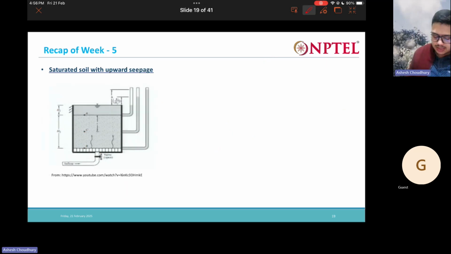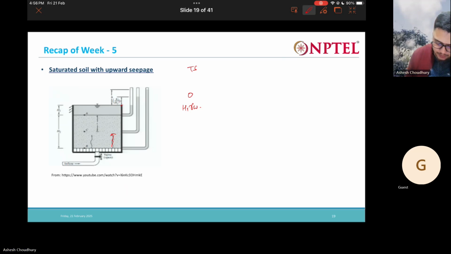Now when there is seepage, let us see. When there is an upward seepage, so water is flowing from bottom to top. So at the top, that is the total stress, at this point you have 0. Then we have h1 gamma w.